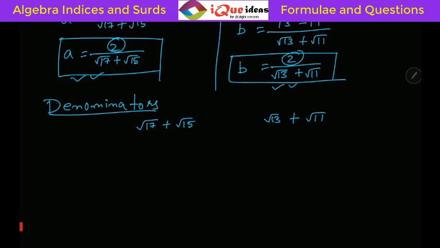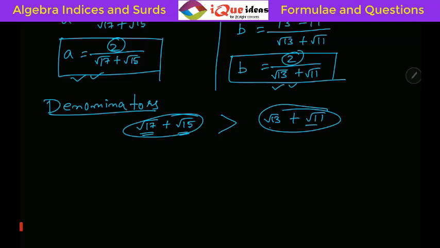Very clearly, you can see that root 13 is smaller than root 17, root 11 is smaller than root 15, so their sum will definitely be smaller than this whole thing. So we can say here, just by looking at it, that root 17 plus root 15 is greater than root 13 plus root 11. Right?